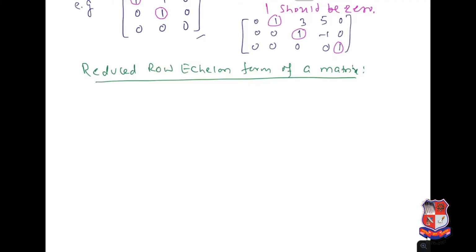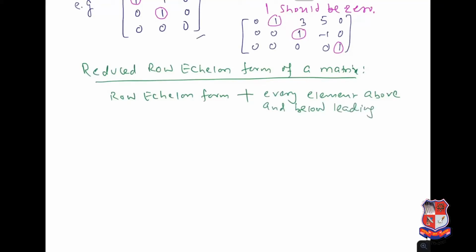First it should be in row echelon form, so row echelon form must be there, plus one more condition, that every element above and below a leading one must be 0.